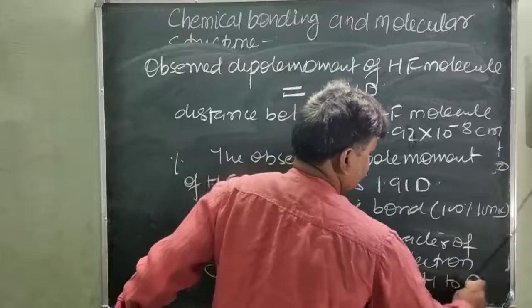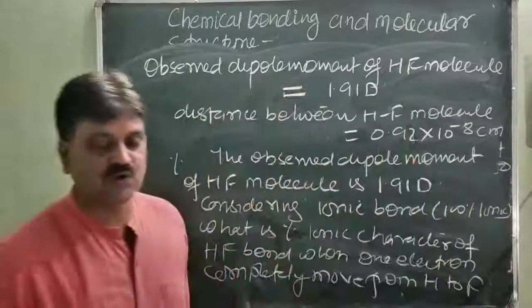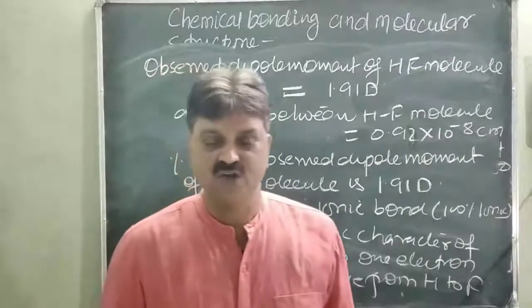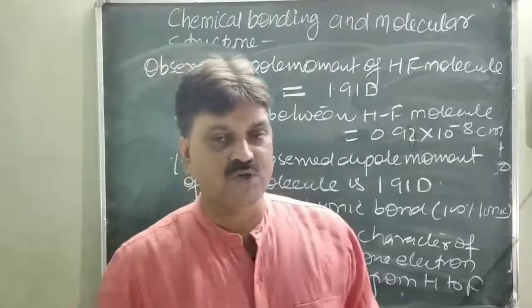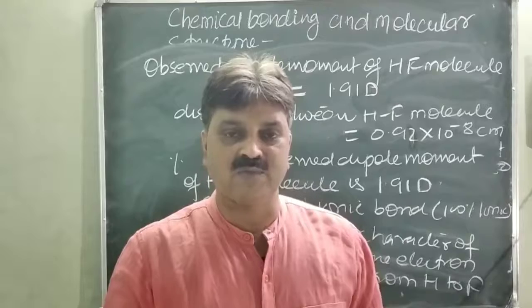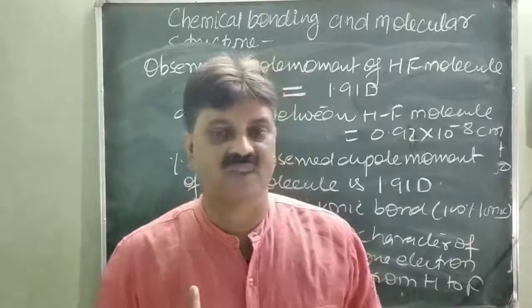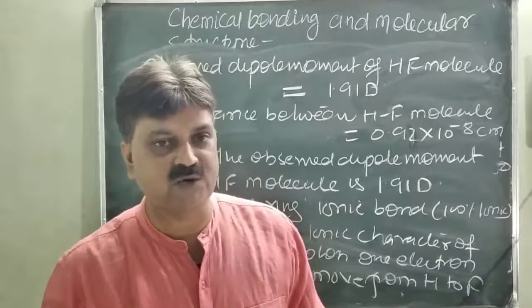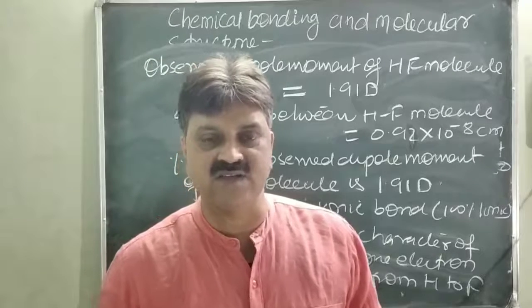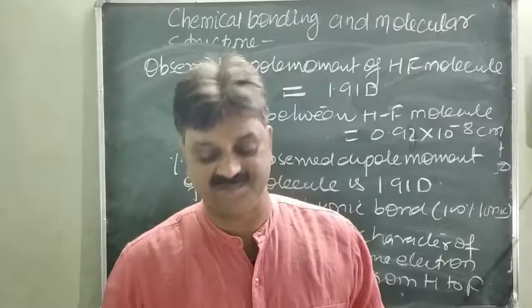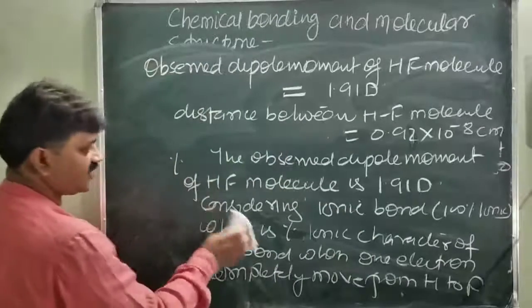How do you calculate the percentage ionic character? One thing is clear: the observed dipole moment is given. You require the mu calculated value, the dipole moment calculated considering 100% ionic character. Then you can calculate the percentage ionic character very easily. Is that clear?